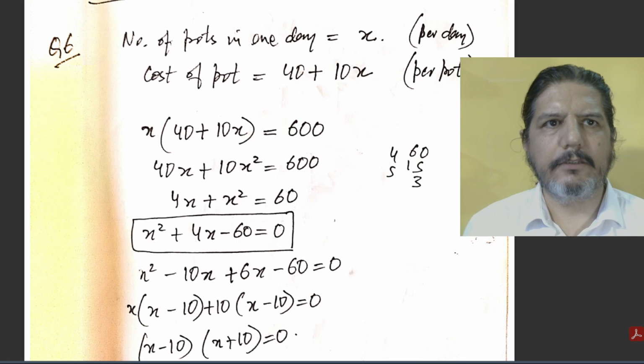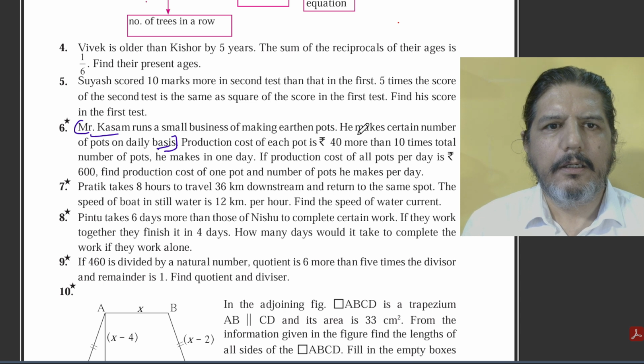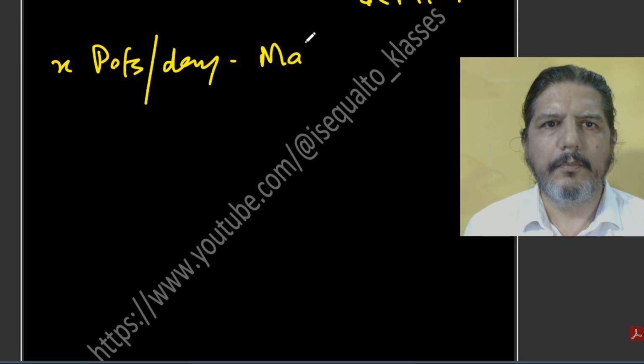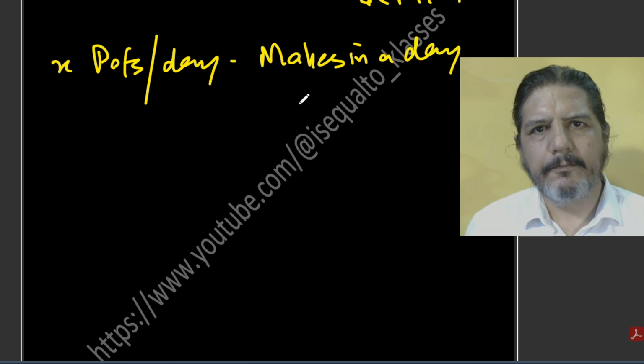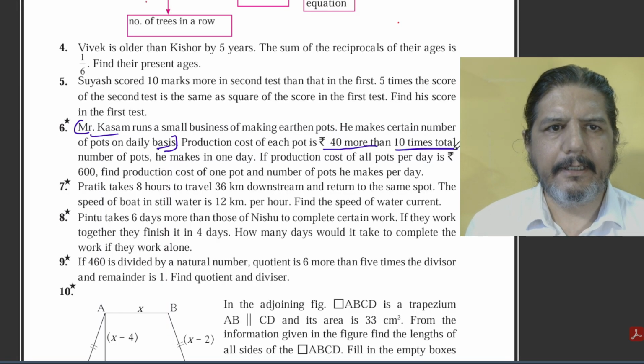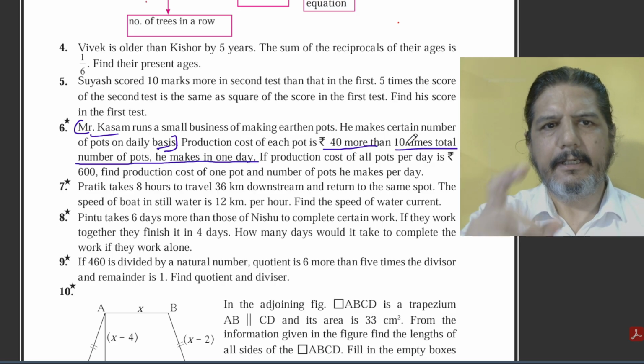Let's start with the simple thing: let's say that he makes X pots per day. Basically, this is his daily production. And the cost of each pot is 40 more than 10 times the total number of pots he makes in one day.